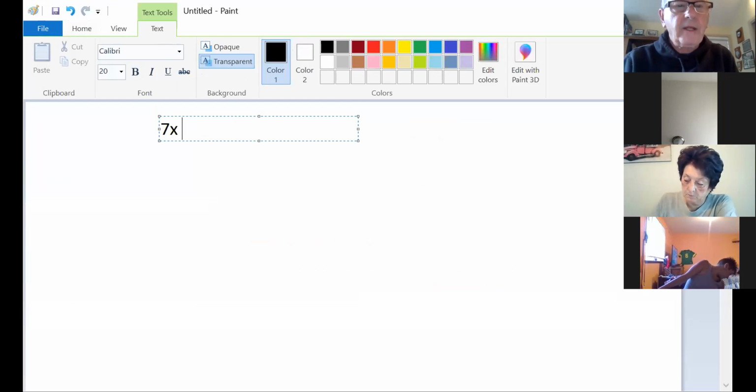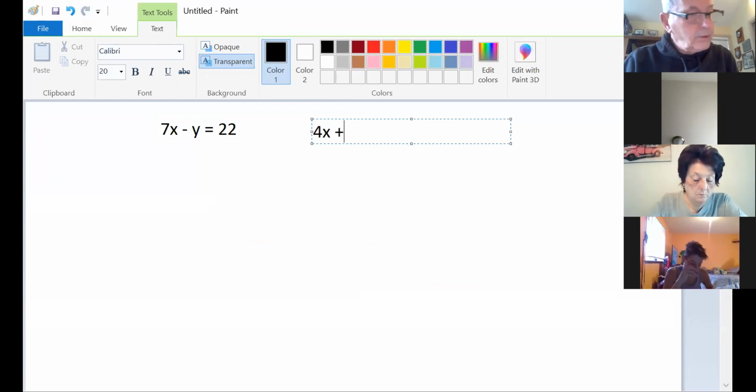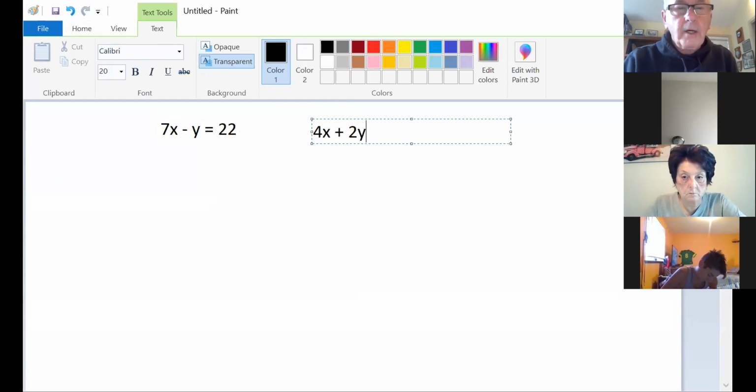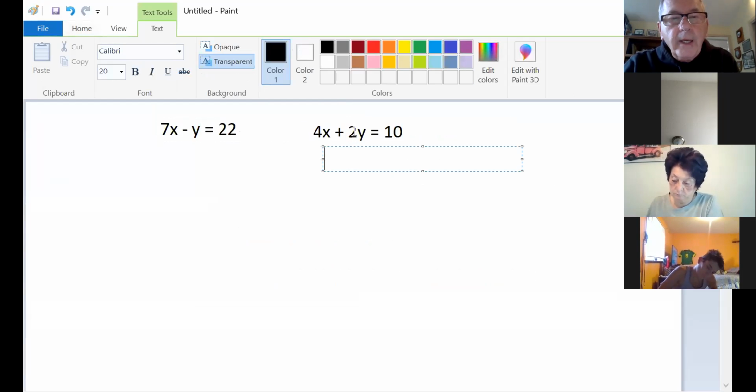So you've got 7x minus y is equal to 22. And then the second one is you've got 4x plus 2y is equal to 10. What we mean by substitution is we take one of these equations, like this one over here, and put it in terms of y.